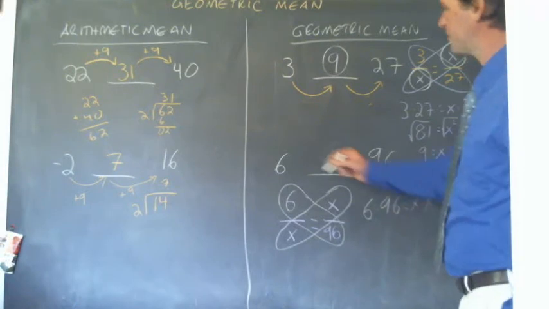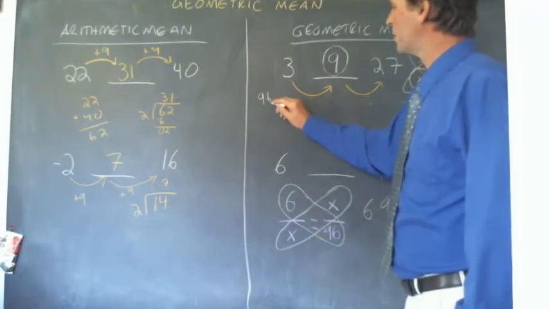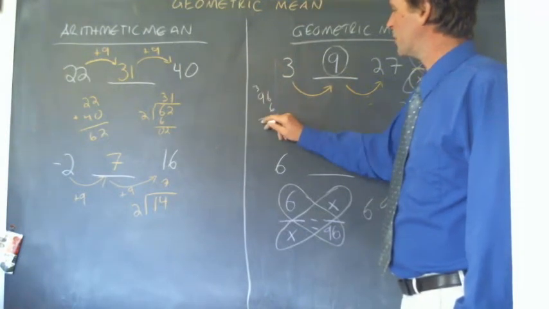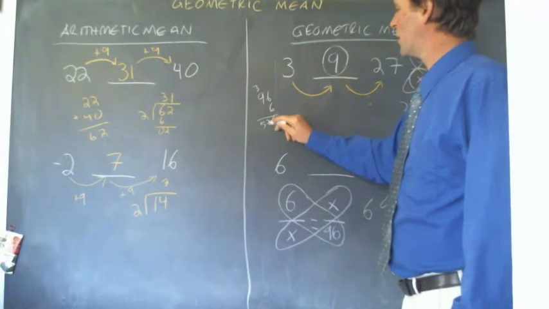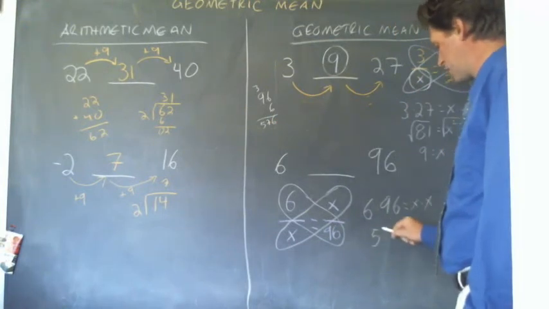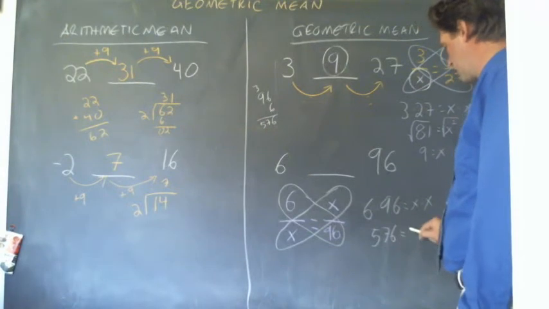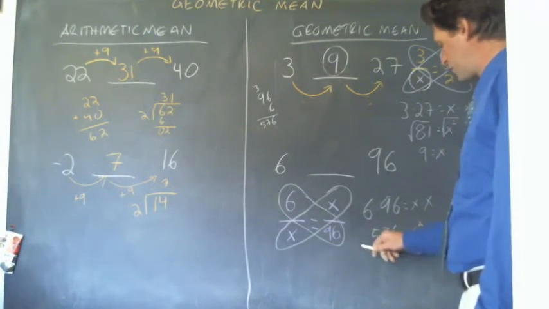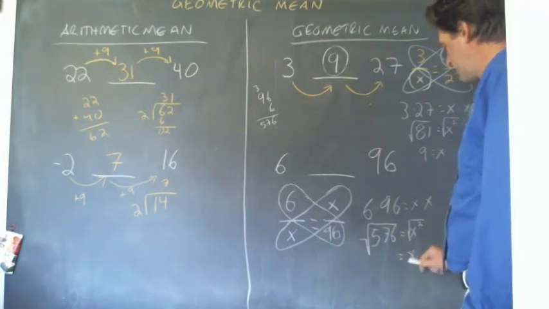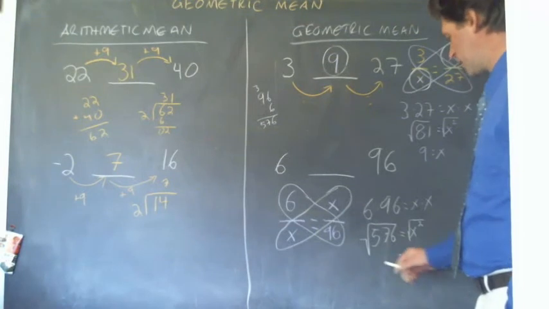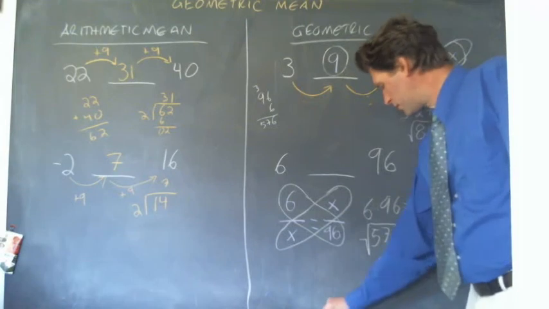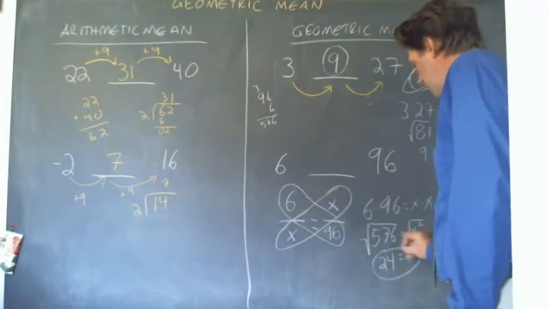Six times 96. 6 times 6 is 36. 6 times 9 is 54. Carry 3, is 576. Take the square root of both sides. Square root of x squared is x. And the square root of 576 is 24. So this is our geometric mean.